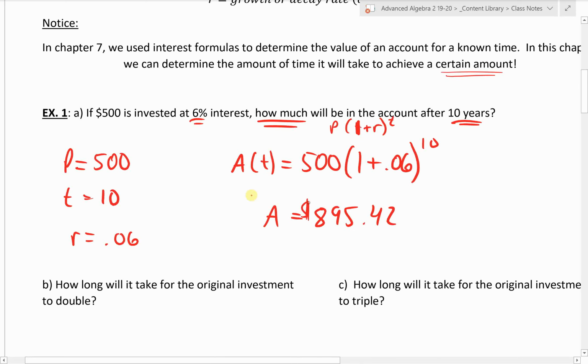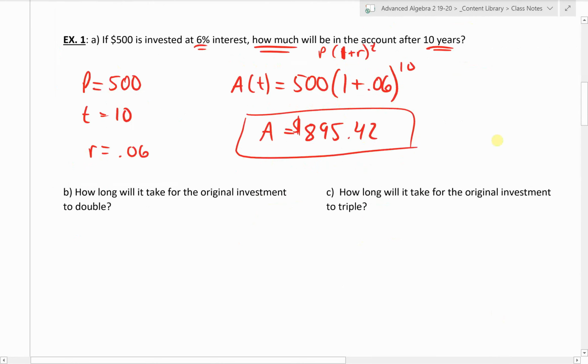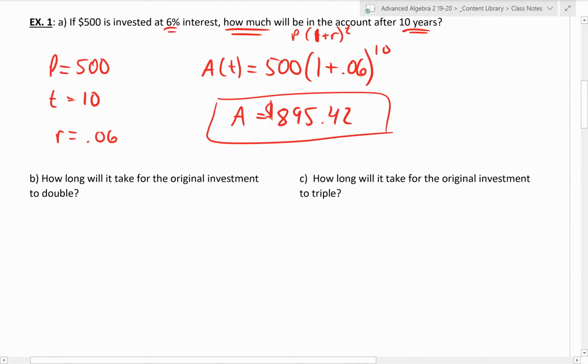So there's a nice basic application, just like we would have done in chapter 7. We didn't use any logarithms. That's just reviewing how the formula works. Now let's use our logarithms and go with this question a different way. It says now, how long will it take for the original investment to double?